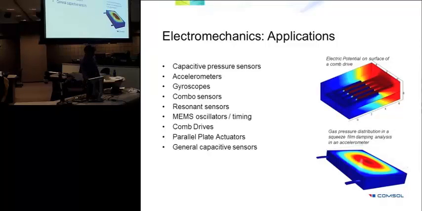The two pictures on the right-hand side show, first, the electromechanical actuation of a comb drive, and second, the thin film damping or squeeze film damping in an accelerometer. So you're basically solving for the vibration of an accelerometer, but there is damping associated with a thin film of gas on top of that accelerometer. And that damping is modeled using a thin film flow interface.